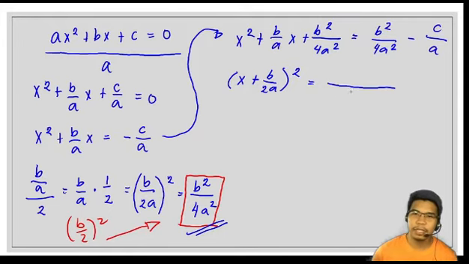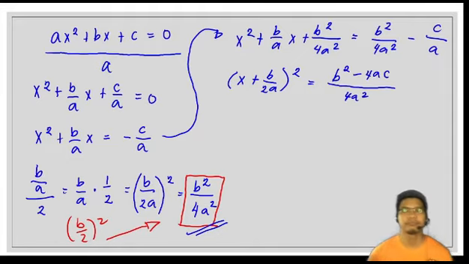So, ang LCD niyan ay 4a squared. So, divide natin. 4a squared divided by 4a squared is 1 times b squared. So, b squared tayo dito. Tapos minus 4a squared divided by a is 4a times c. Yung nasa taas. So, magiging 4ac.